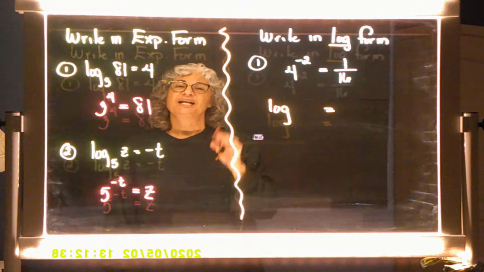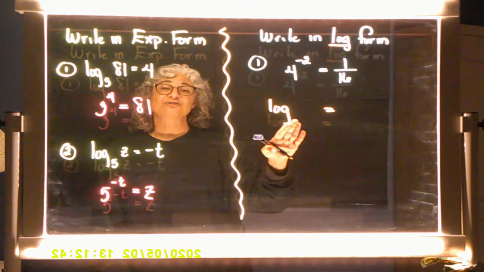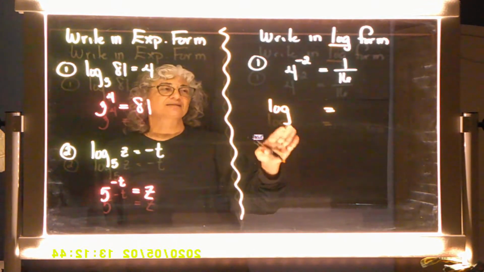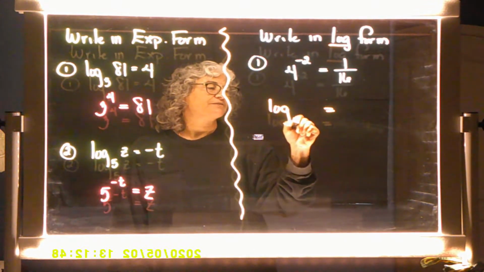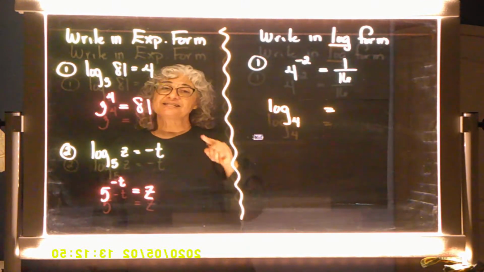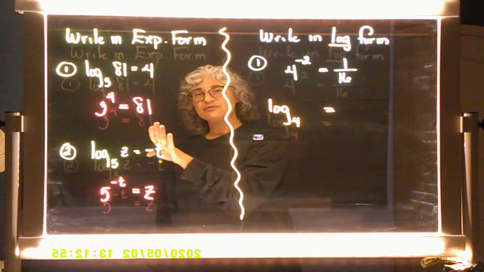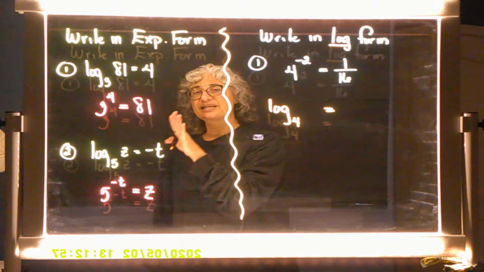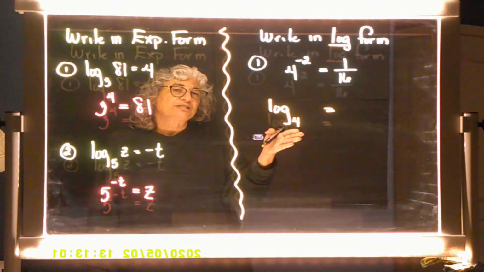Now the first thing you identify after you know you should be writing the word log is your base. And that would be 4. That base goes by the tail of the g. And the next thing you identify is the power. Just like I did over here, you're going to identify everything in the same order, except you're writing it in a different form, so things are going to go in a different place.